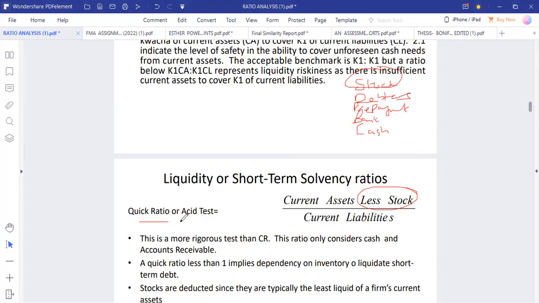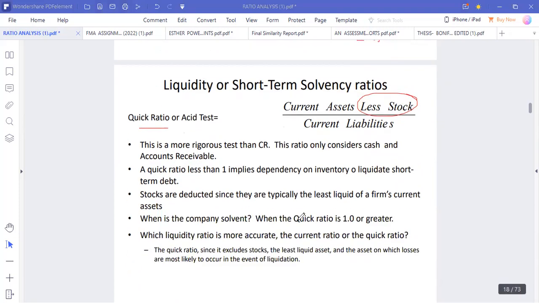So for the quick, or acid test, ratio, the acceptable one is 1 to 1. That is the market rate. So these are the 2 solvency ratios.